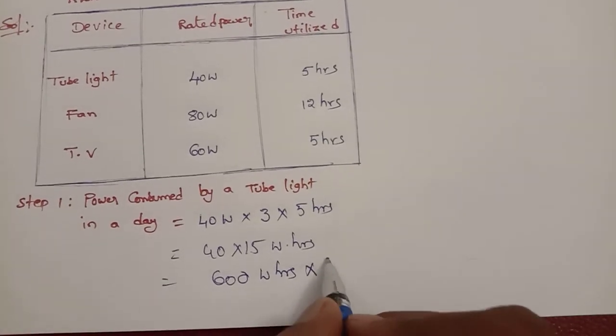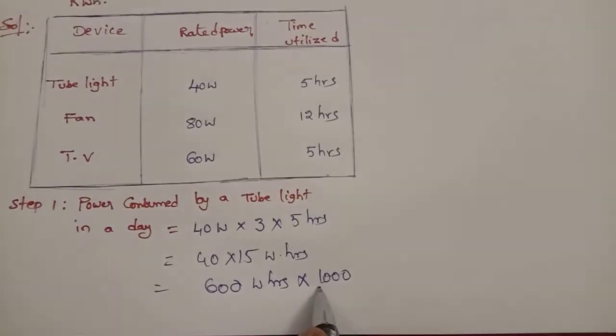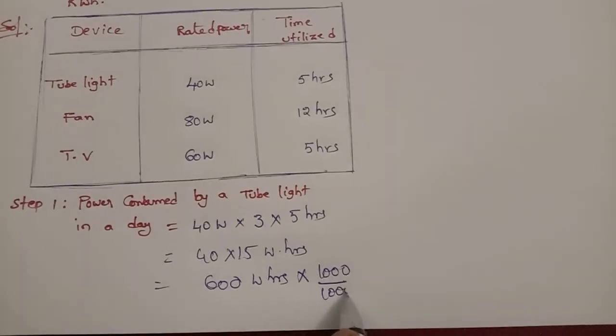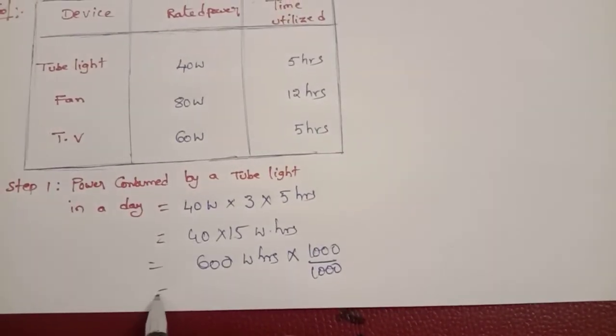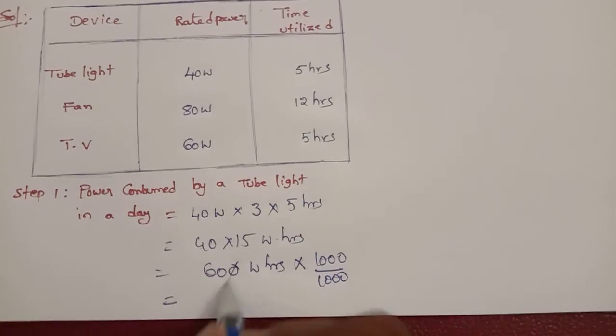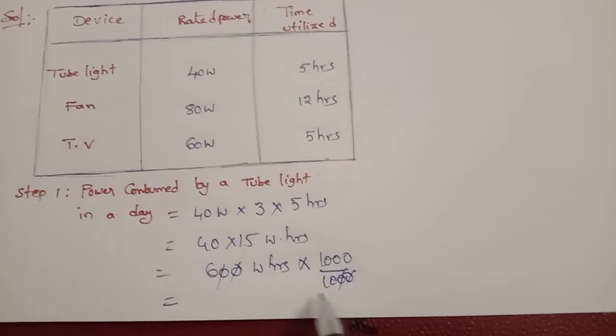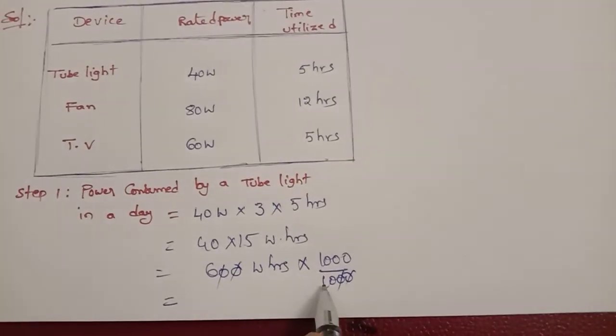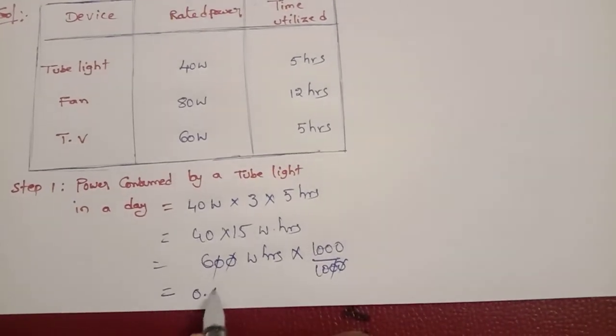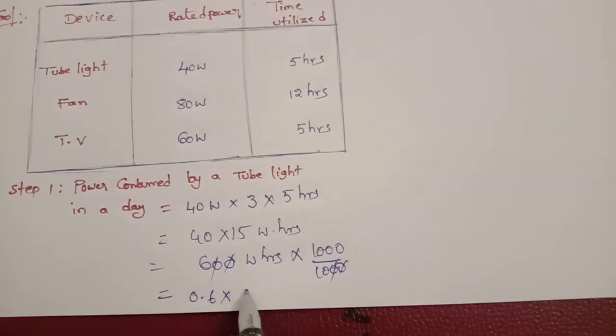We convert this into kilowatts. To do that, we multiply and divide 600 by 1000. So 600 into 1000 by 1000, zeros get cancelled. It becomes 0.6 into 1000 watt hours.